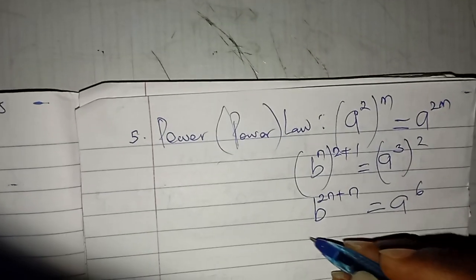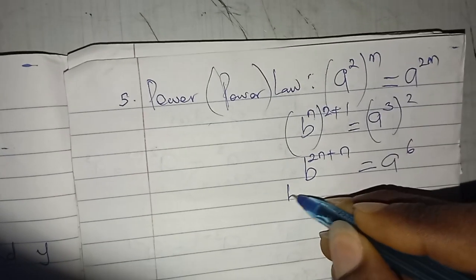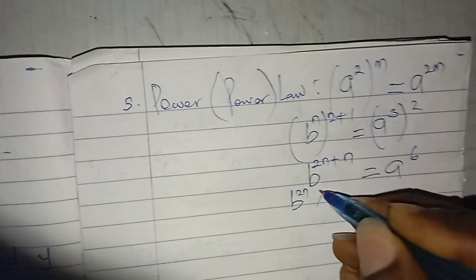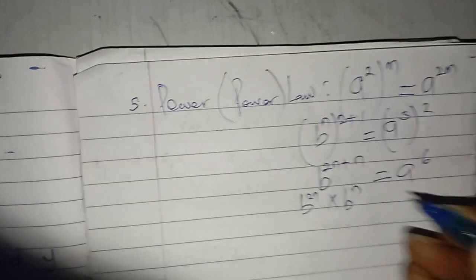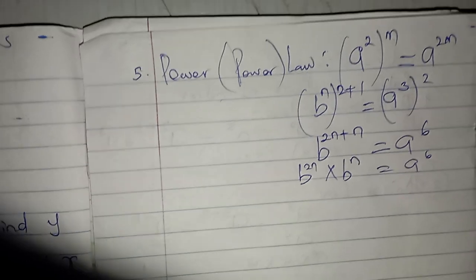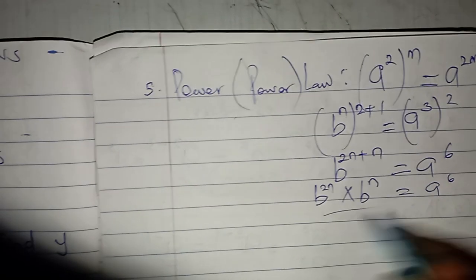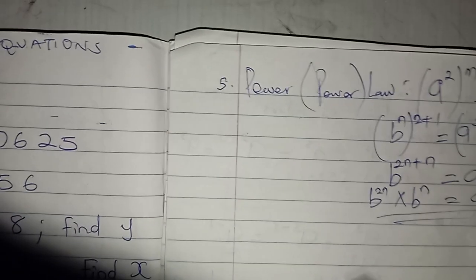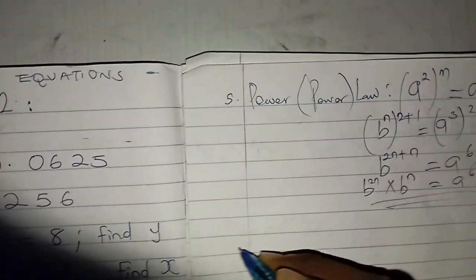And if you check it, applying the multiplication law, this is the same thing as saying b^2n times b raised to power n equals a raised to power 6. So this is an example, and it's best left this way. So that's power law.